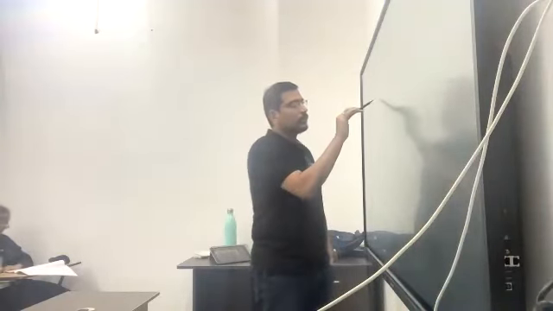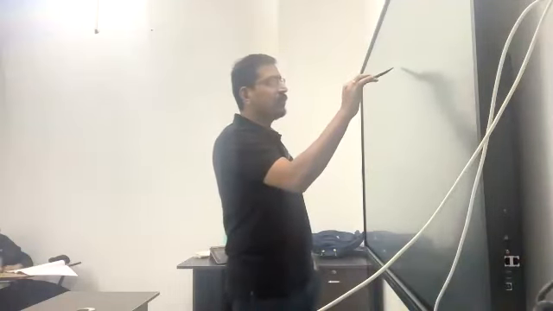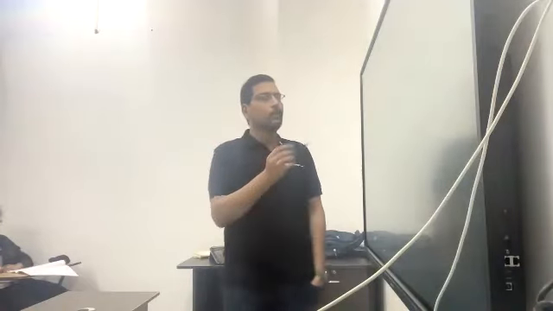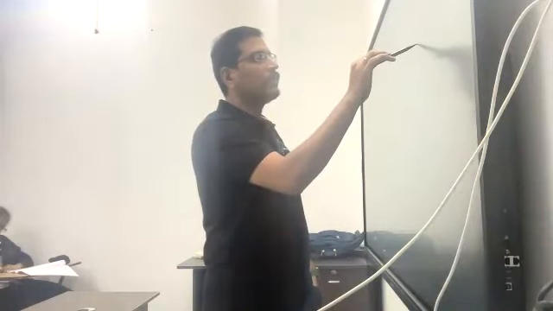Initial velocity is 90 meters per second, enters a heavy wooden block and is stopped after a distance of 60 centimeters. So 60 into 10 power minus 2 meter, or 0.6. Both are the same. Now we need to find the average resistive force.